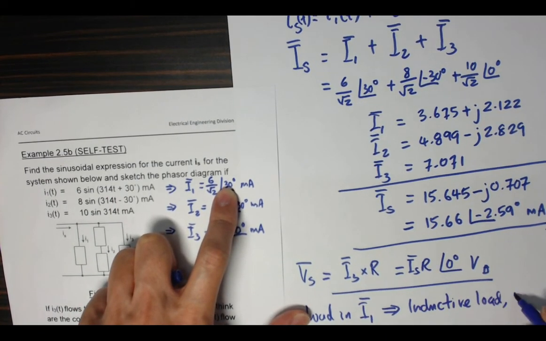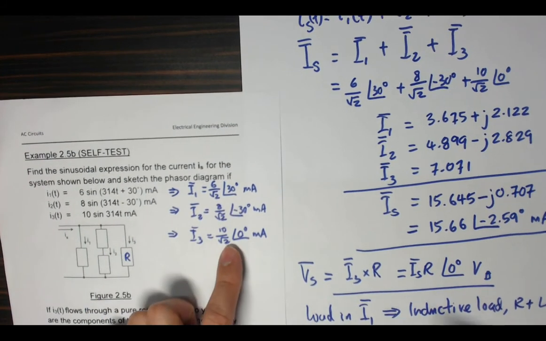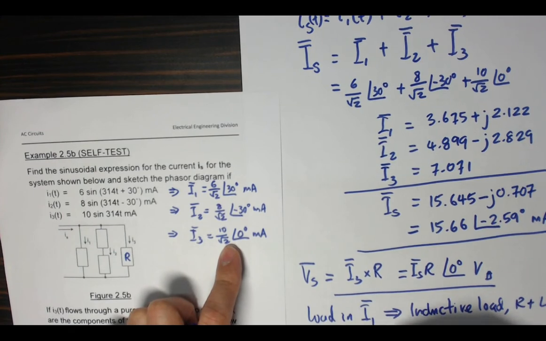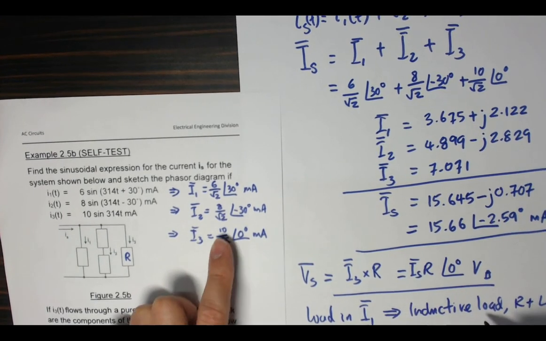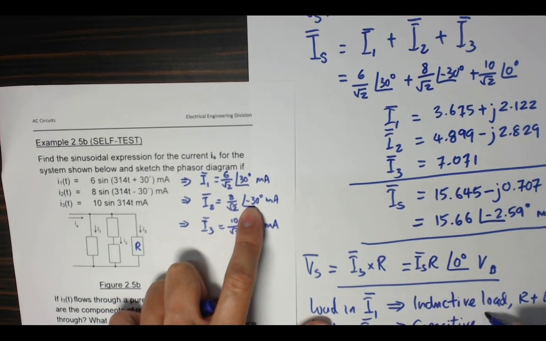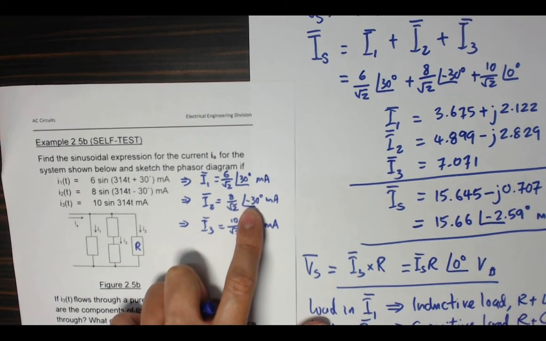That means resistor and inductor. Whereas in load 2, where I2 flows, because it's of the negative 30, it's a capacitive load. It means a resistance plus some capacitors.